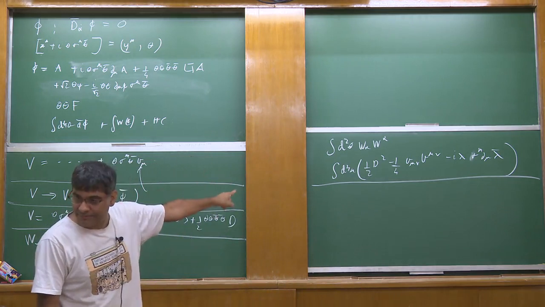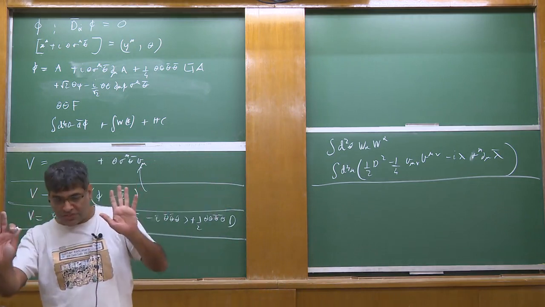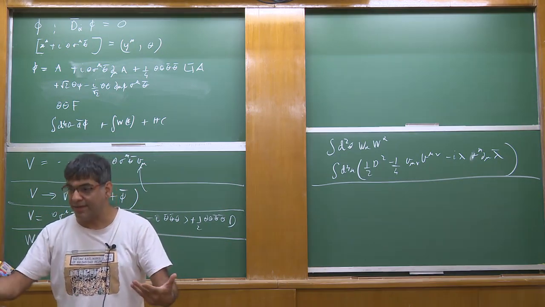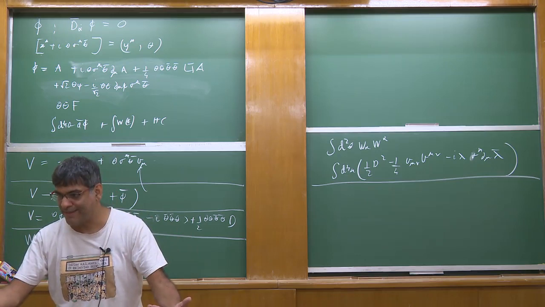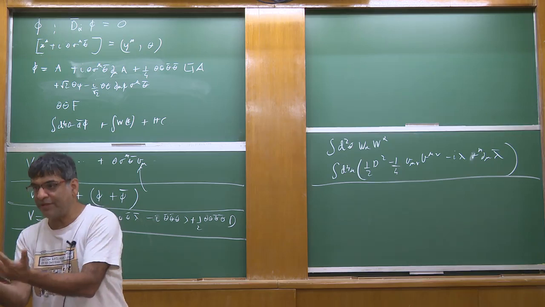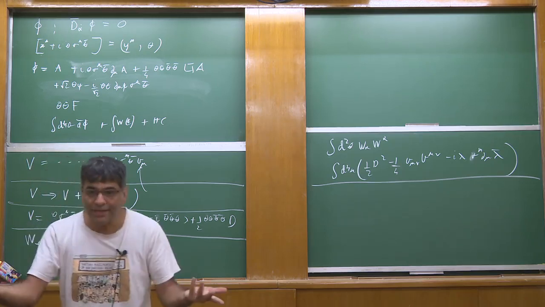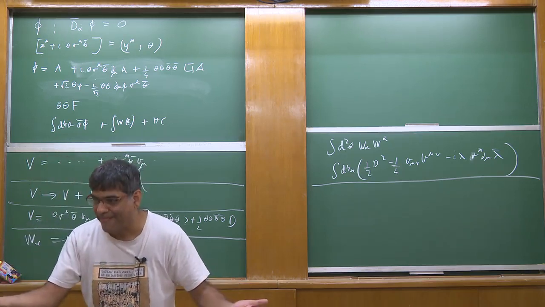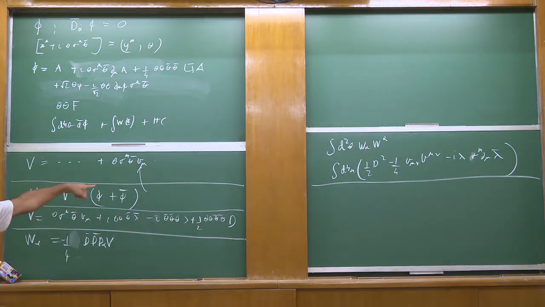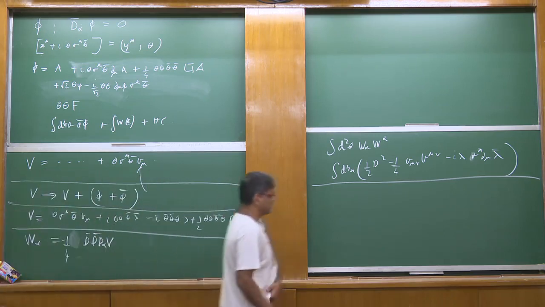Whereas this guy is the fermion in the same multiplet as a gauge field, therefore it must be uncharged. The non-abelian version of it will be that this field will have to transform in the adjoint. But the adjoint representation for U(1) is uncharged. Therefore, it's gauge invariant. Whereas these guys, as you will see, could be charged and therefore would transform under gauge transformations. Is this clear? Okay, excellent.